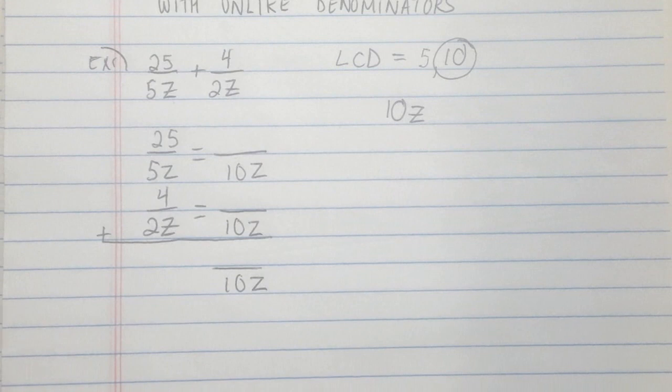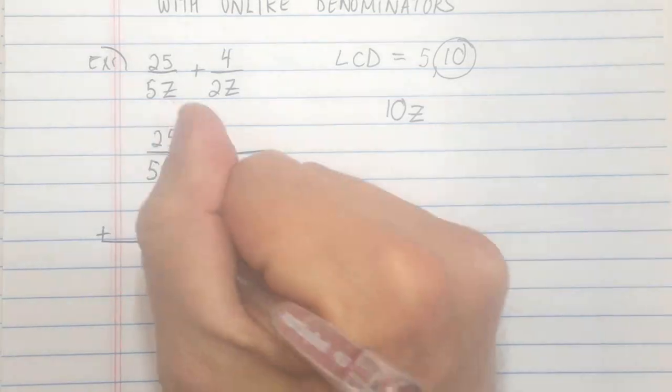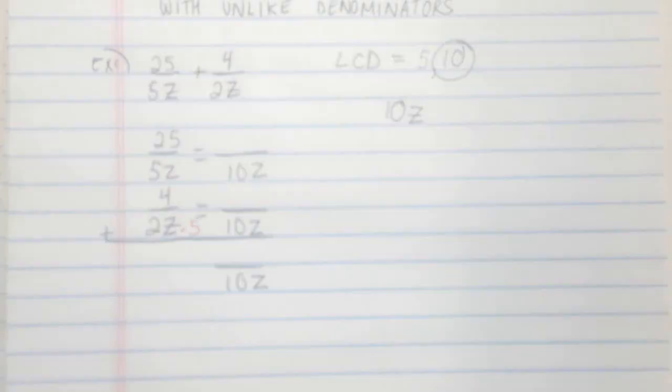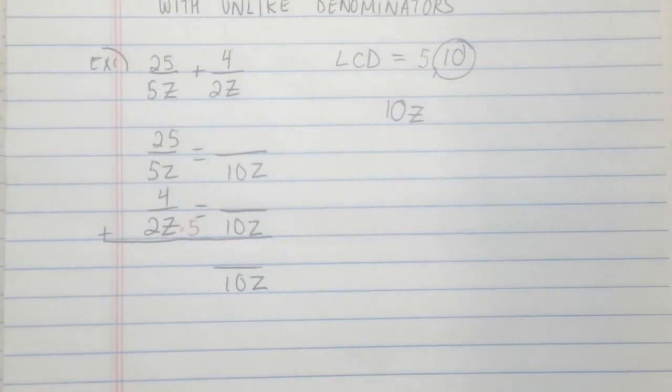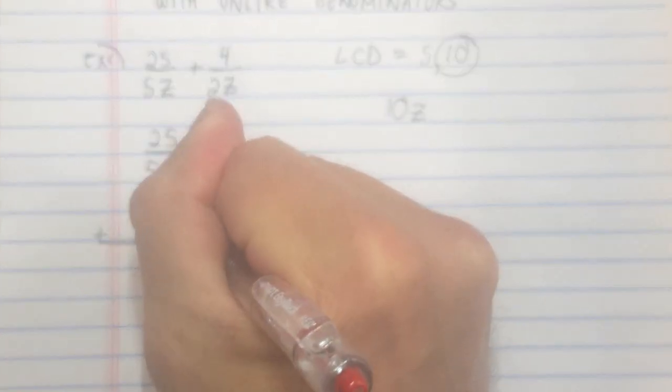And then the question is, start with this bottom one here. What do I have to multiply to 2z to get it to 10z? And the answer is I'd have to multiply that by 5, because 2 times 5 would get me to the 10. And remember, whatever I do to the denominator, I must also do to the numerator.